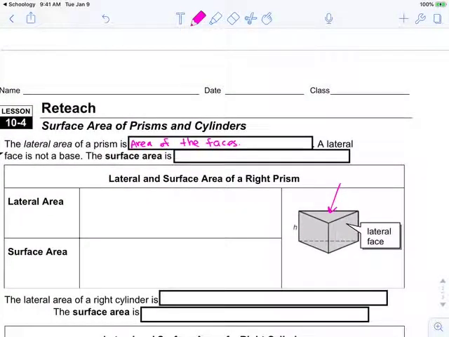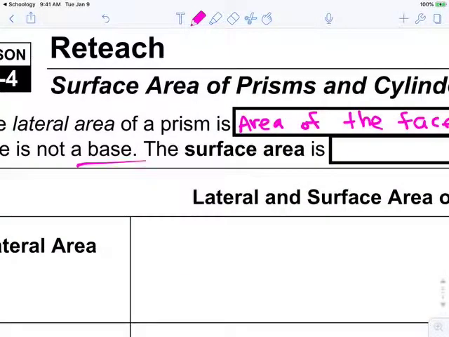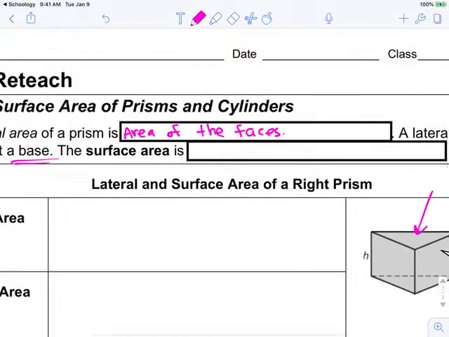What does it say next? Important. A lateral face is not a base. Faces are different, right? If I asked you for the total surface area, I'm asking you to add up the lateral faces and the bases.